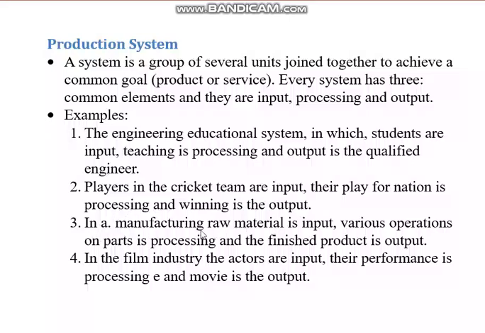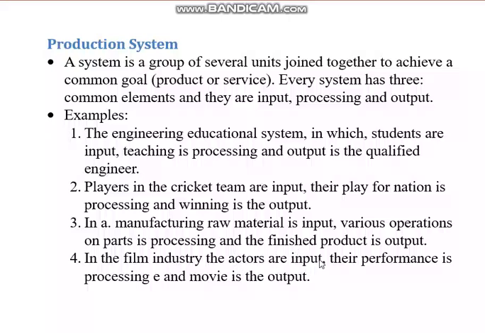Another example is a manufacturing unit, where the raw material is the input, various operations on the parts are the processing, and the finished product is the output. In film industries, the actors are input. Not only actors, there are so many others whom you will not be seeing on the screen, who are working for it.